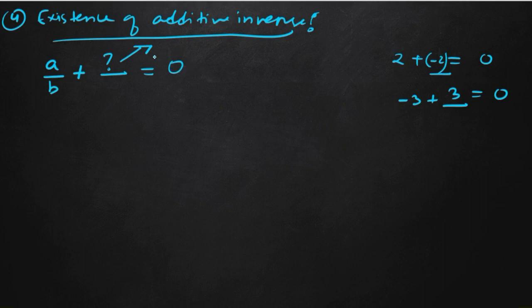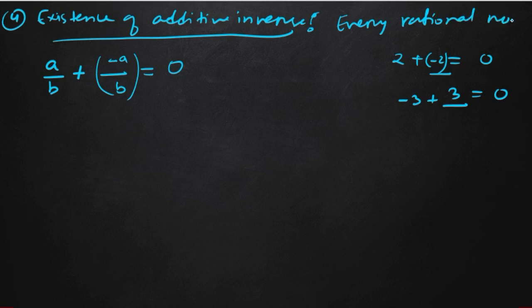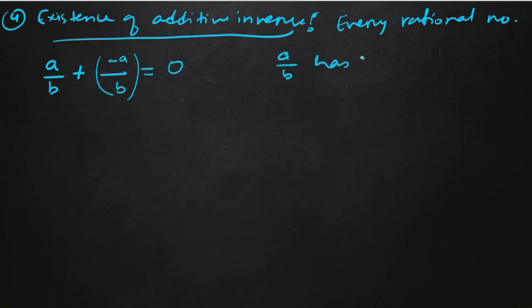So our answer will be minus a by b. Okay, so every rational number a by b has minus a by b as its additive inverse.